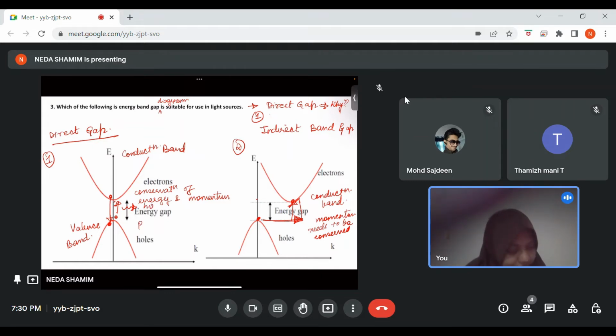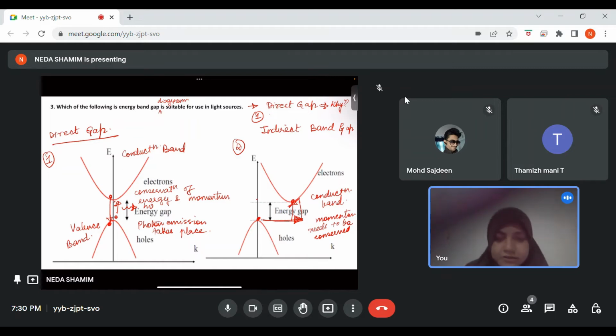Photon emission takes place after recombination. So for the purpose of using a diode as an LED, we need to ensure that there is maximum electron-hole recombination. We'll see how we are doing it.